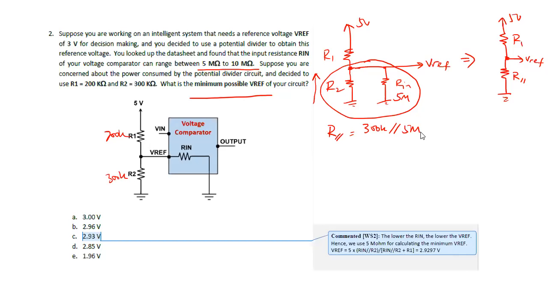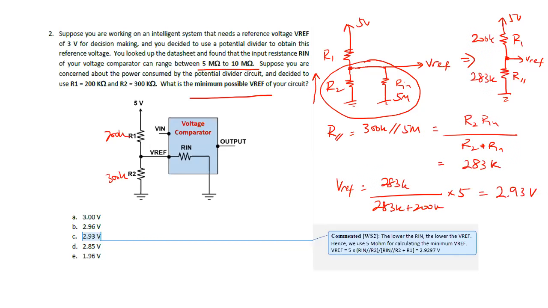The maths I'll leave to you to do. So in this circuit, my R1 is 200K and my R parallel is 283K. So the Vref would be 283K over 283K plus 200K multiplied by 5 volts, which will give me 2.93 volts. So that is what you must remember.